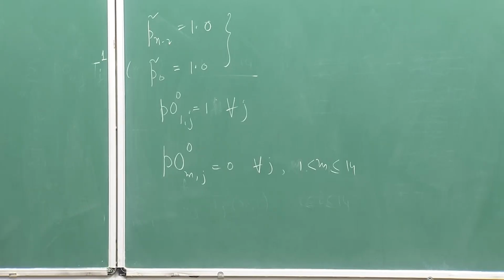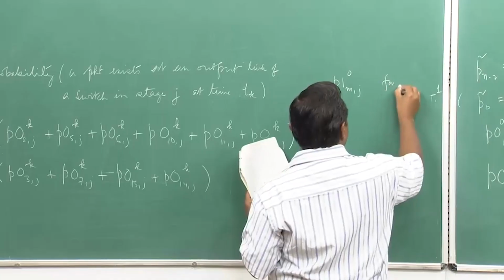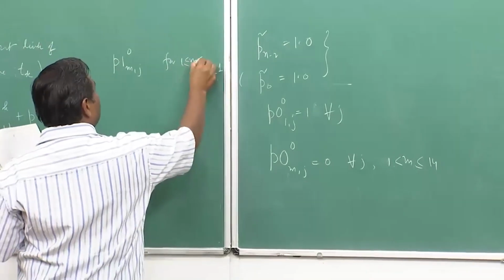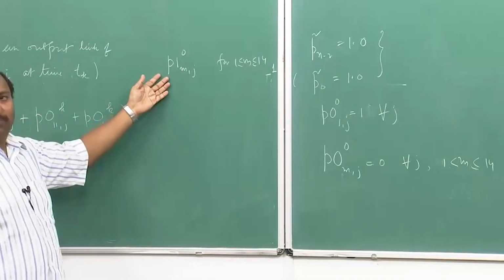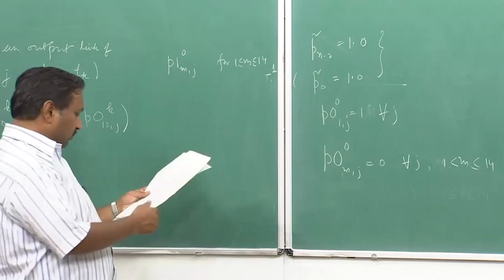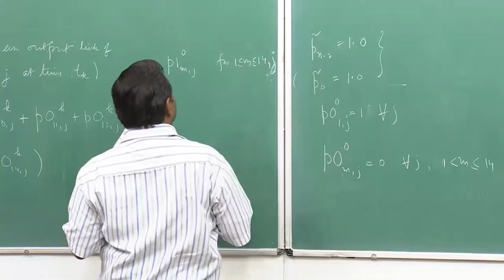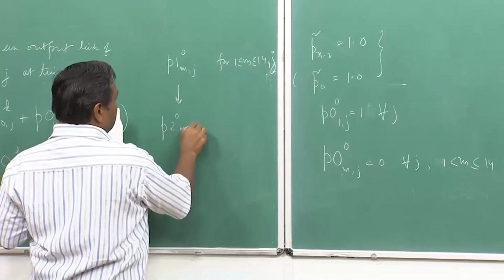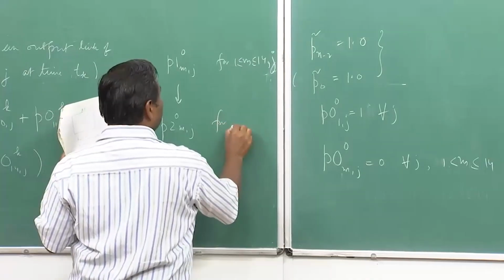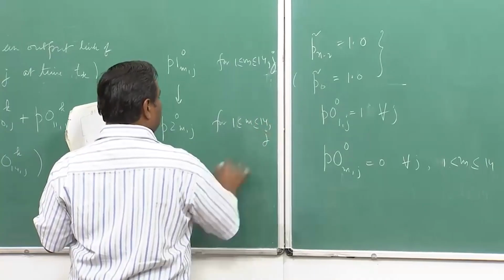Using this, you will find out what P 1 m j is after the 0th step, and you will be doing it for all values of m. Based on this, you compute what is going to be there after the first step, for all j. From there you will be computing P of 2 m j, again for all j's.